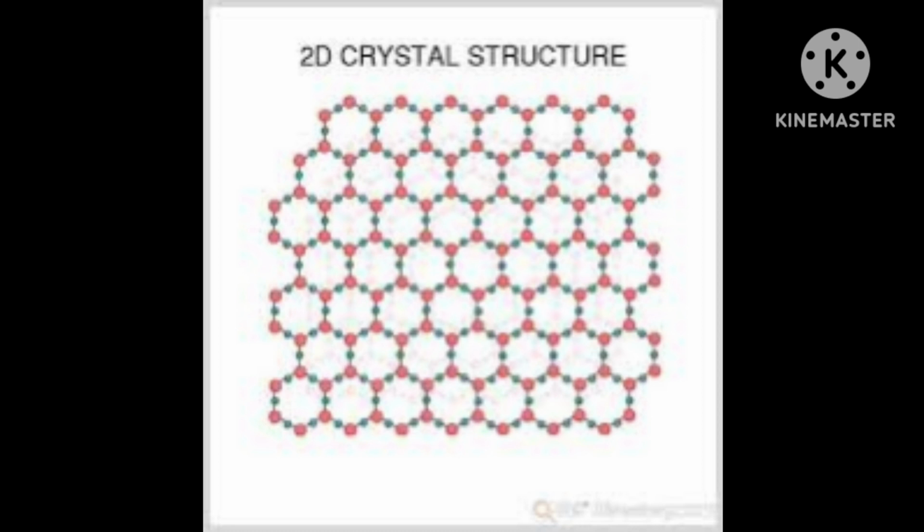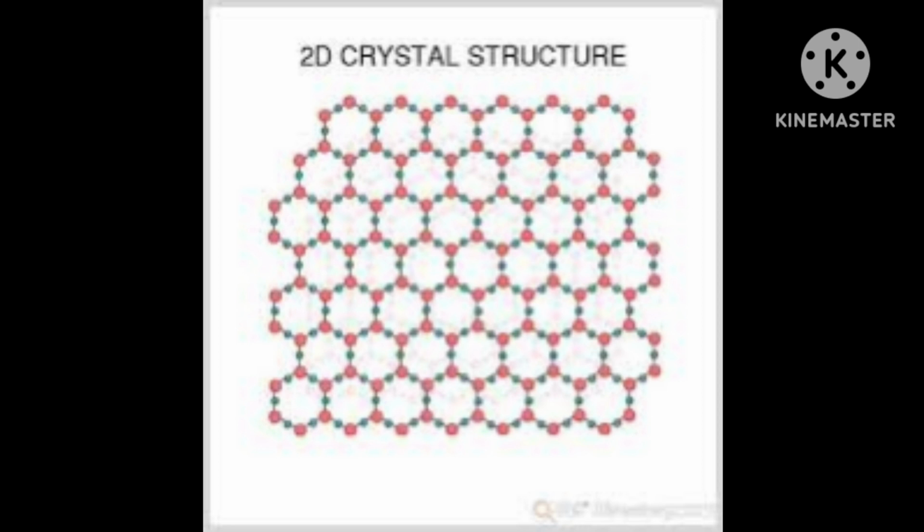Obviously, being metallic, it will be a conductor in the solid state as well as in the molten state. In both states it is a conductor. And what is its melting point? Fairly high. Ionic solids have a high melting point, but for metallic it is fairly high.